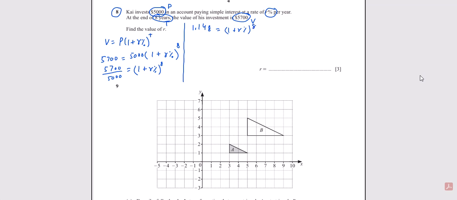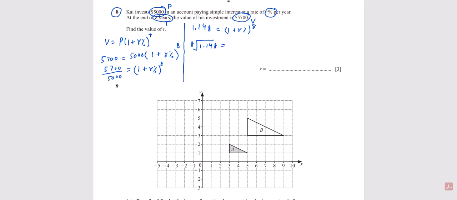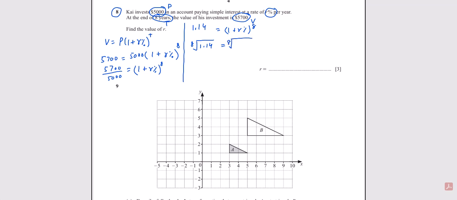R% overall to the power 8. Taking the 8th root on both sides, the 8th root of 1.14 is equal to the 8th root of (1 plus R%) whole to the power 8. The 8 cancels with the 8th root.